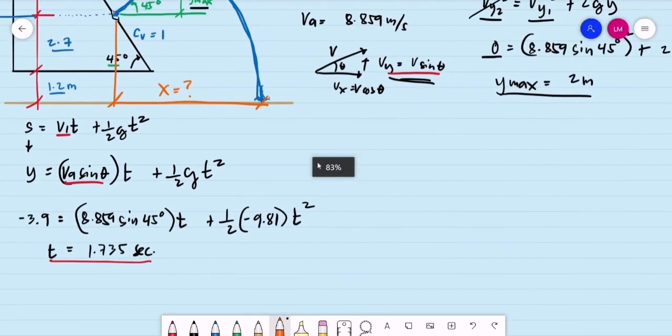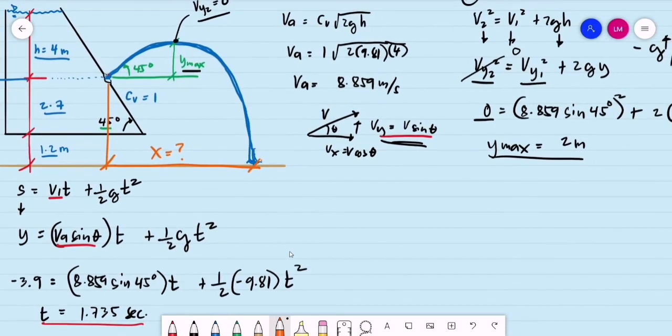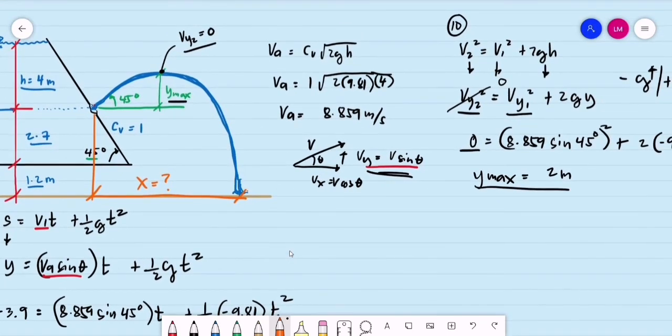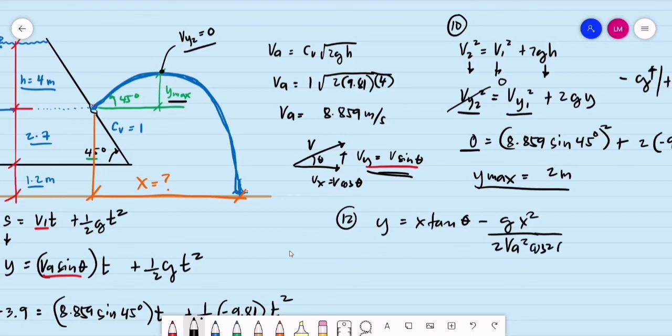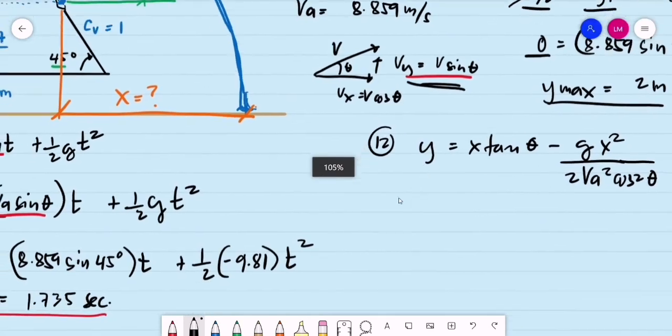Di ba may formula din tayo dito sa physics for projectile na ganito yung case. Ito yung y is equal to x tangent of theta minus gx squared divided by twice actual velocity squared cosine squared of theta. So, yung theta natin is, ayun nga, the 45 degrees. So, more likely, direct sub lang tayo dito.